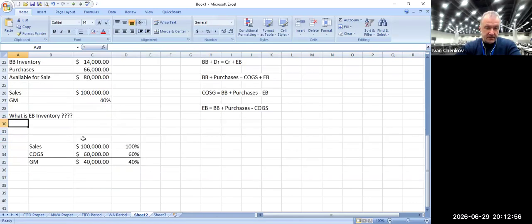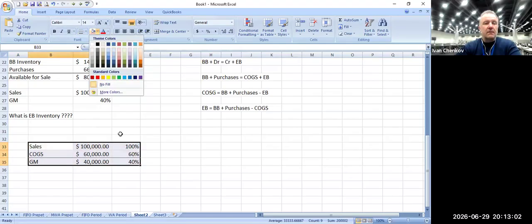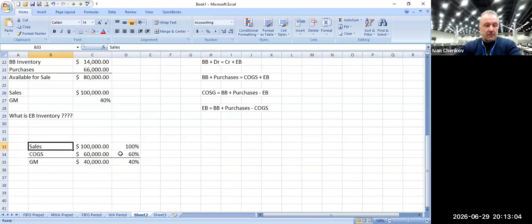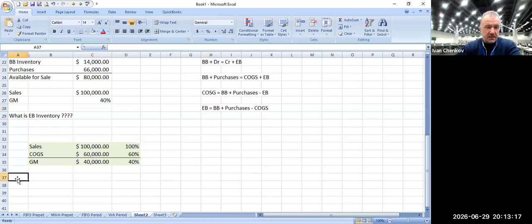Well, from this calculation, you can easily get the cost of goods sold. Once you get the cost of goods sold, you have the beginning balance, you have the purchases, now you have cost of goods sold. You can calculate the ending balance.